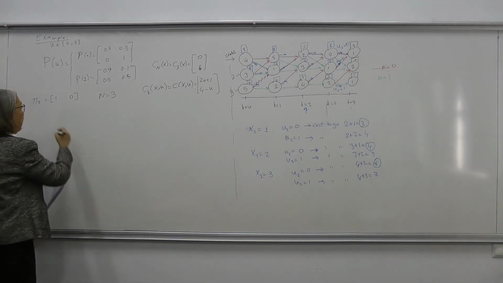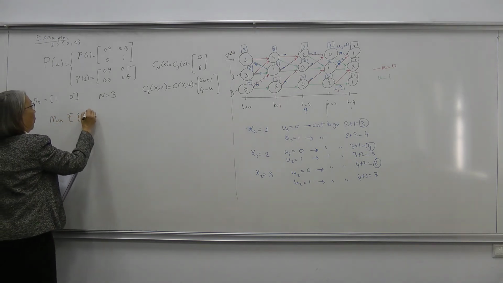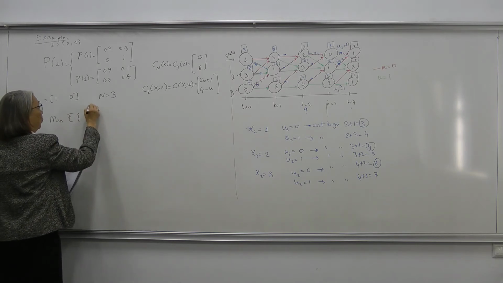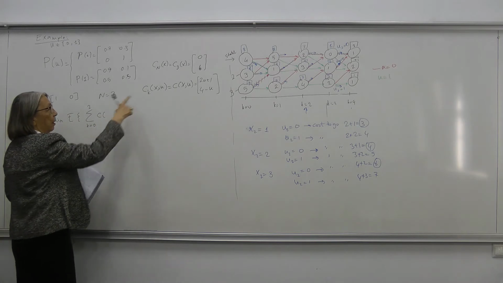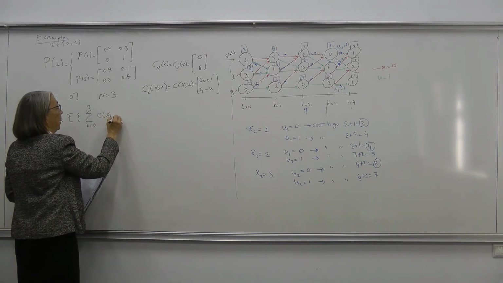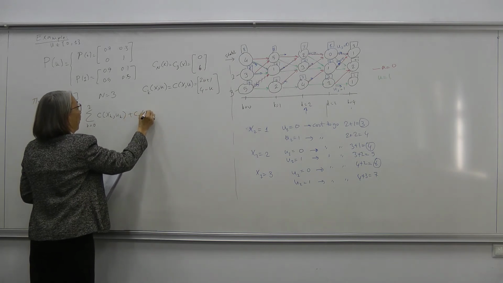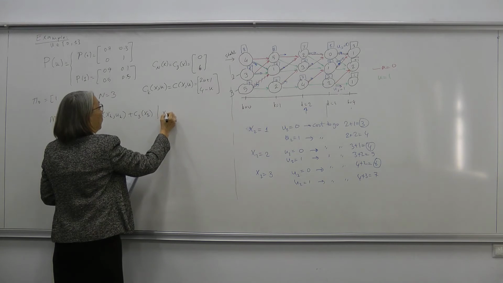Optimize what? Minimize the expected value of the summation k from 0 to 2 of C of x_k, u_k, I do not want to write C sub k because they are all the same, plus C sub 3 of x_3, given that our x_0 has a distribution, given pi 0 here.